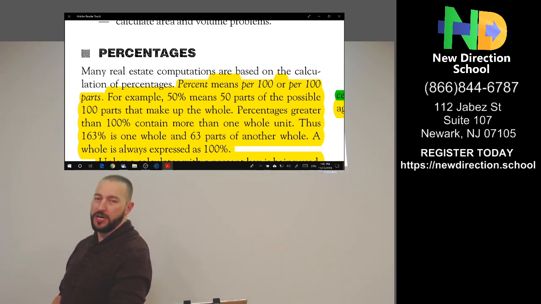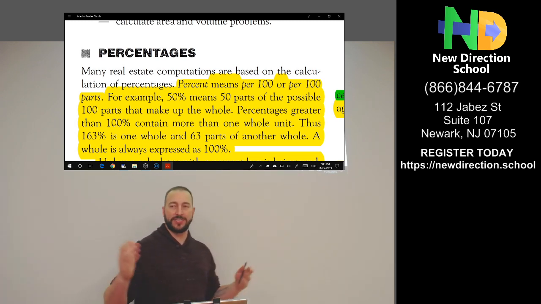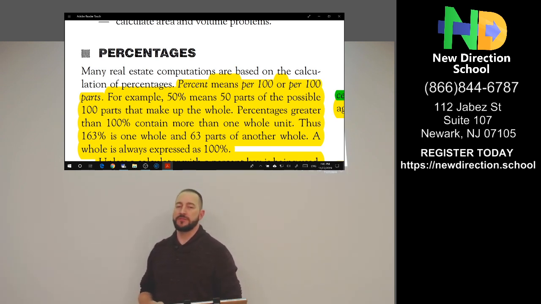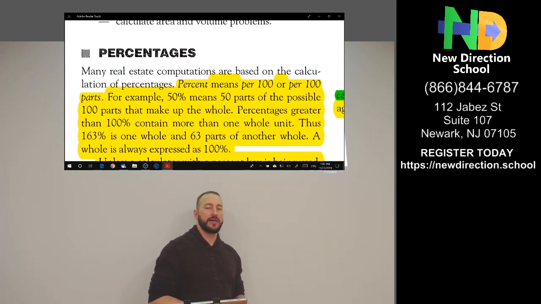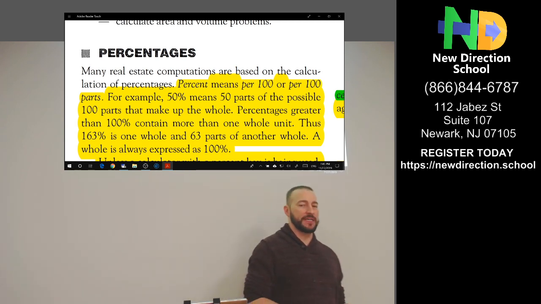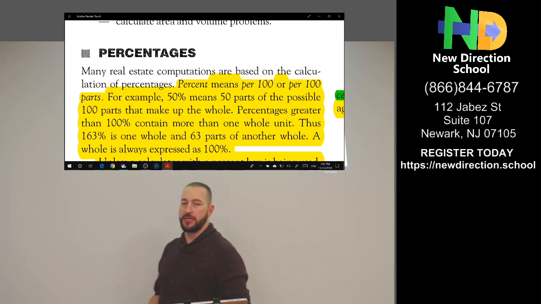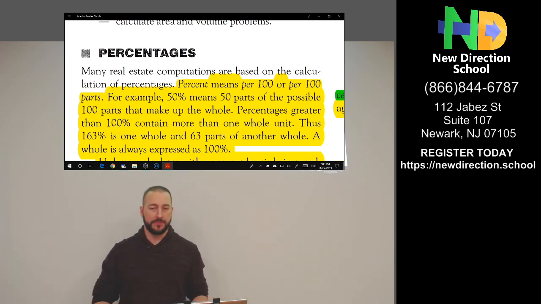Percent means per 100 or per 100 parts. For example, and you have that on your cheat sheet, right on the top left, 50% means 50 parts of the possible 100 parts that make up the whole. Percentages greater than 100% contain more than one whole unit, because 100% is a whole, so one. Thus, 163% is one whole unit plus 63 parts of another.